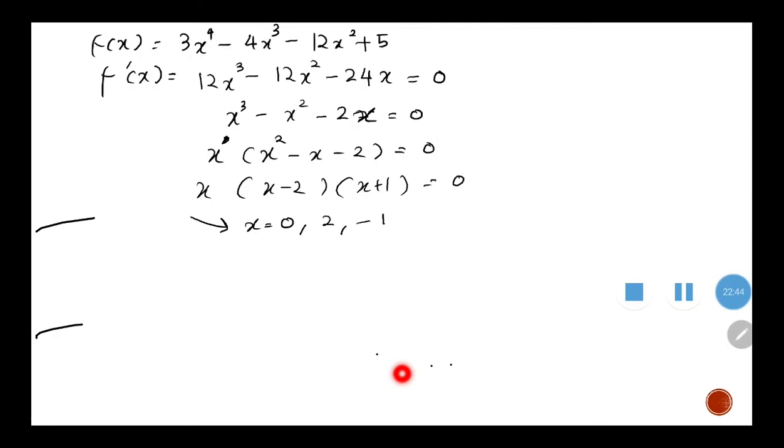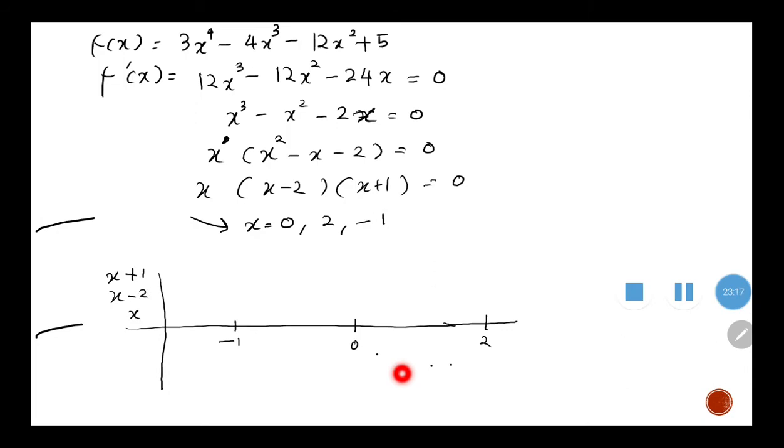The next step is, it's better if you sketch a graph like this. So now we have minus 1, we have 0, and then we have 2. And we have these factors here, which are x minus 2 and x plus 1.